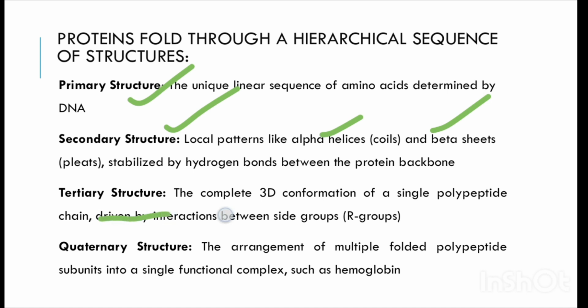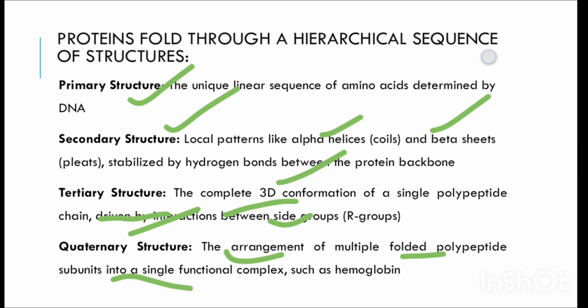Then tertiary, which is the complete 3D conformation of a single polypeptide chain driven by interaction between side chains, R groups. Quaternary structure is the arrangement of multiple folded polypeptide subunits into a single functional complex.